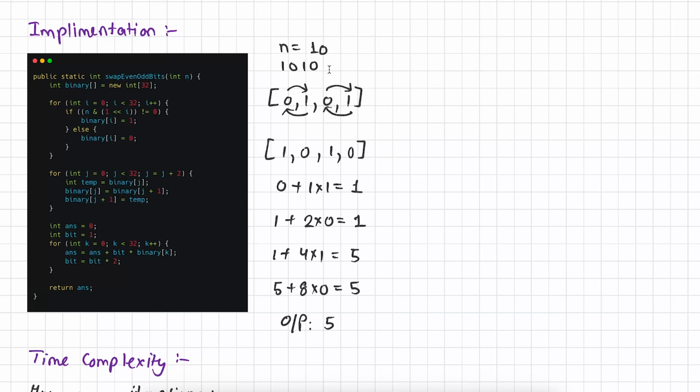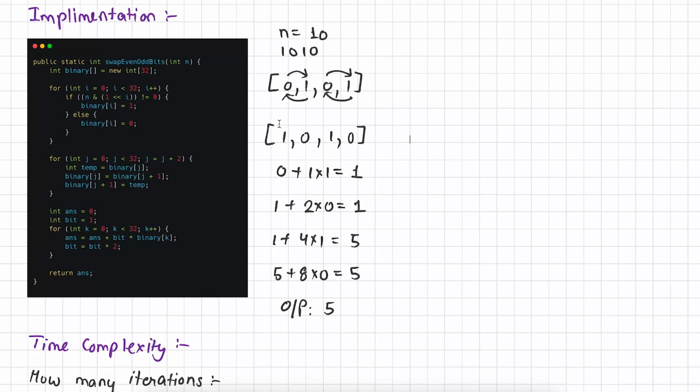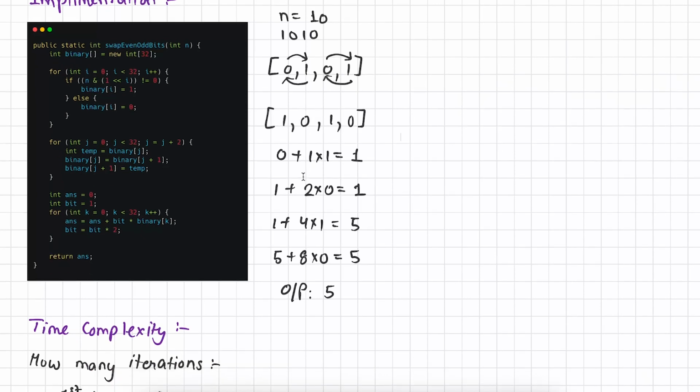So we are going to traverse this binary from LSB to MSB, and after traversing we push all the bits in an array, so it looks like this. And in the second loop we just swap all the even and odd positions, so now our array would look like this. And then we again traverse our array from the first element to the last element, and while traversing we are going to calculate the value of each bit, right?